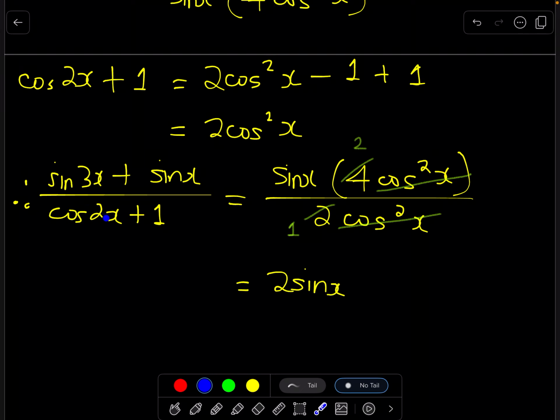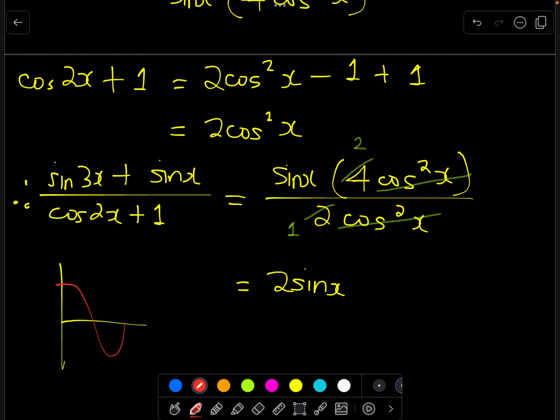So we don't want cos 2x to be -1, and let's just see the cos graph, how does it behave? It would be -1 when 2x is equal to 0, 90, 180.